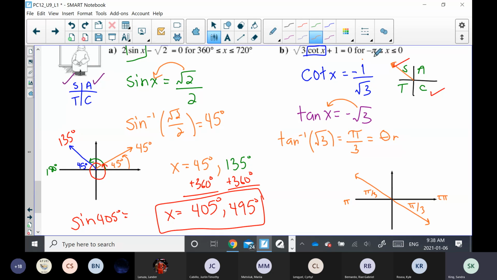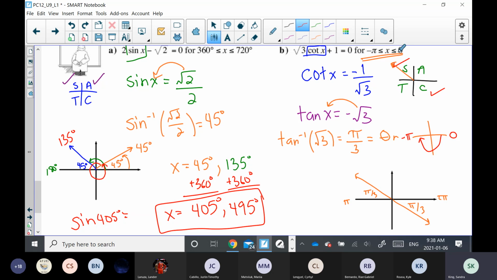But if we go to this, they tell me they want my answer from less than 0 to negative pi. So what that means is this. We know that 0 is here and negative pi is over here. They want my solution only in here.